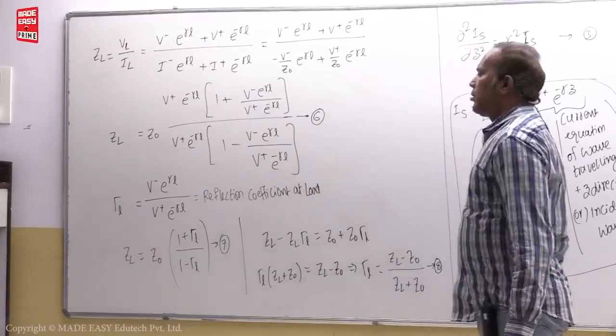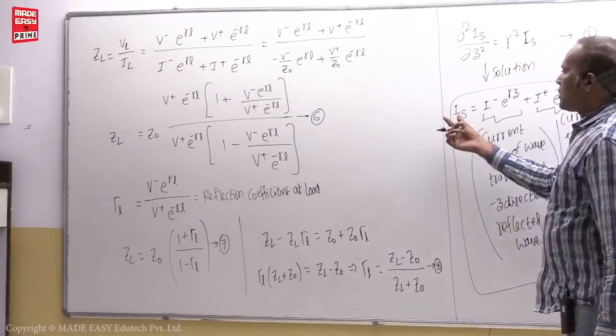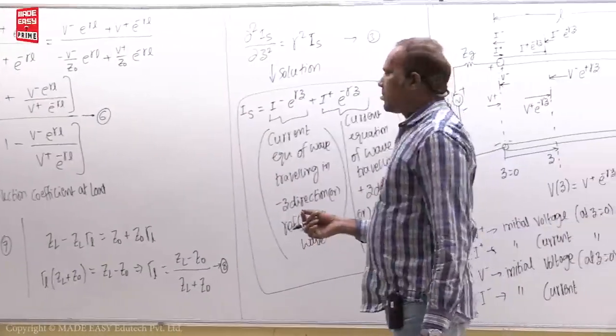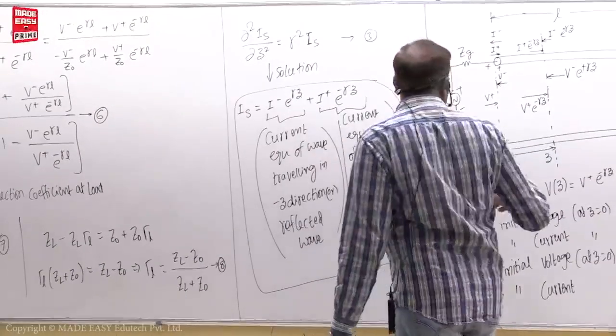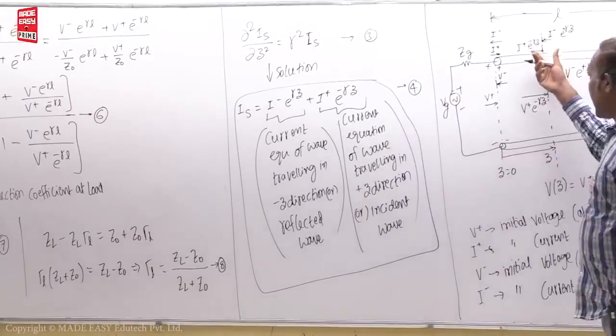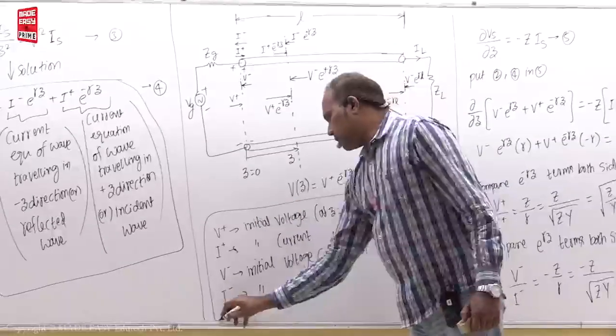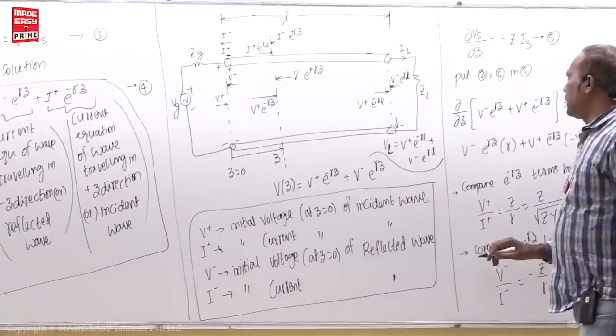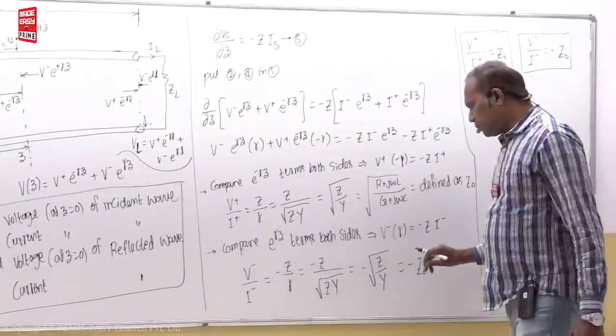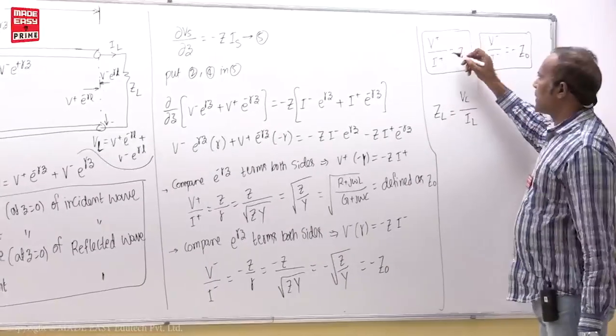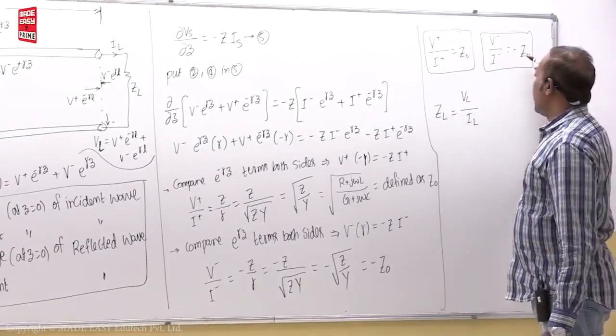Here so many things we have derived, dear students. What is the voltage equation on the transmission line, what is the current equation, then you have seen the diagram also, we have written the names, so you must know them. Then we got the relation between V plus, I plus and V minus, I minus.